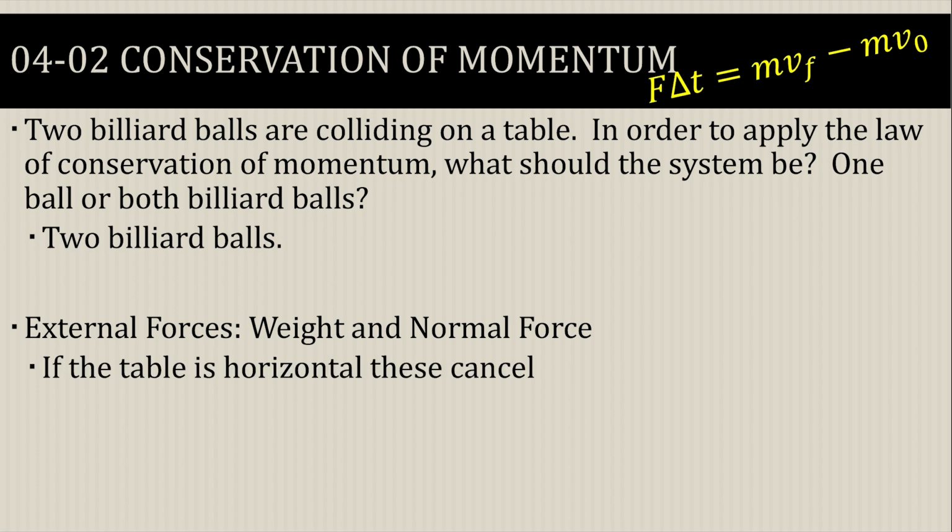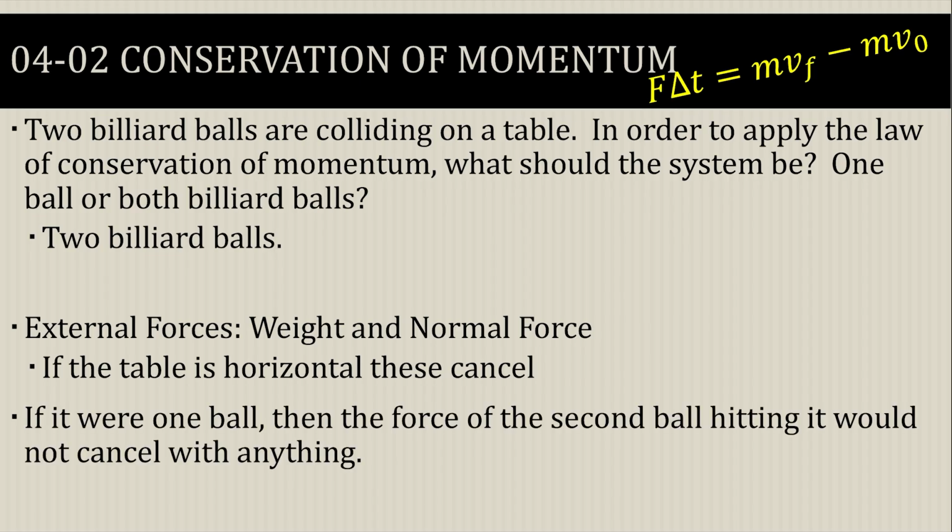Assuming the table is horizontal, these are going to cancel each other out. If it were only one ball that we called our system, the force of the second ball hitting it would not cancel with anything, and we would have some external force. So our system has to be both balls, so the forces of them hitting are internal forces and cancel out.